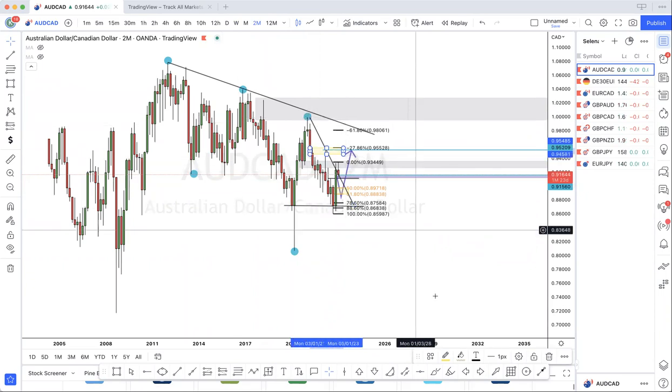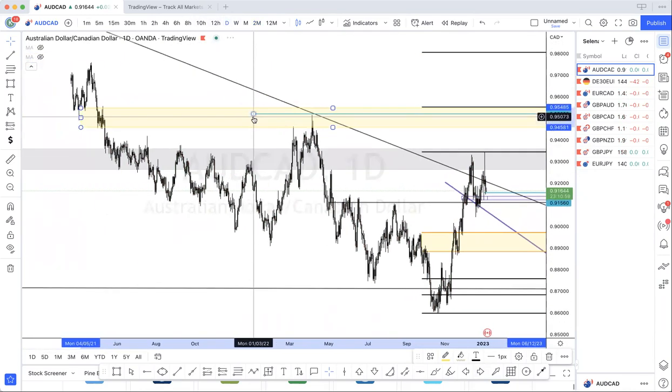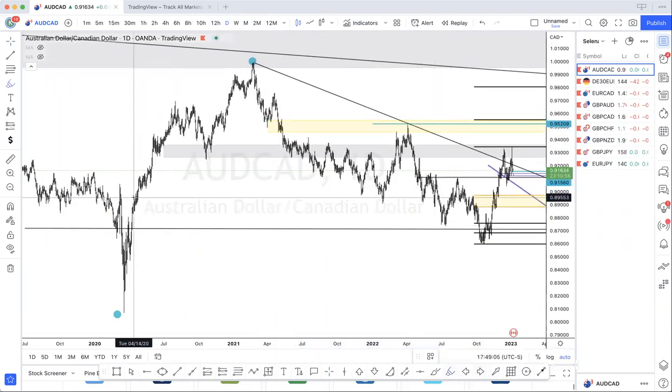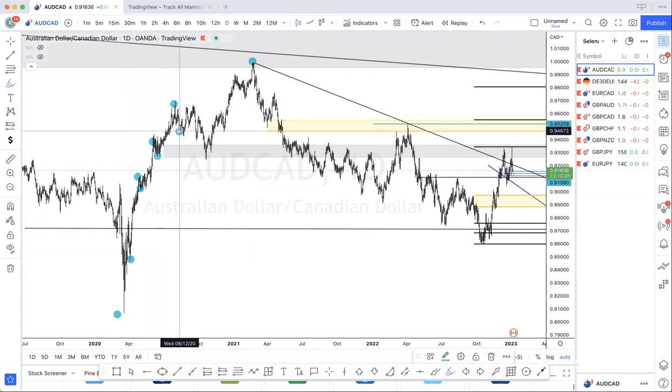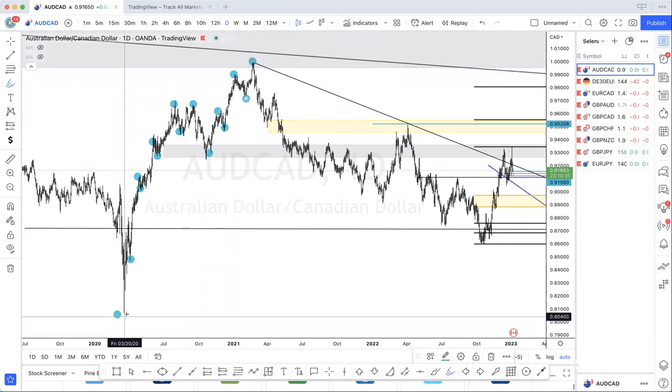The minor swing highs and lows are the areas within those majors. All these little swings in here are more minor because they fall in between this major high, this major low, and this major high.